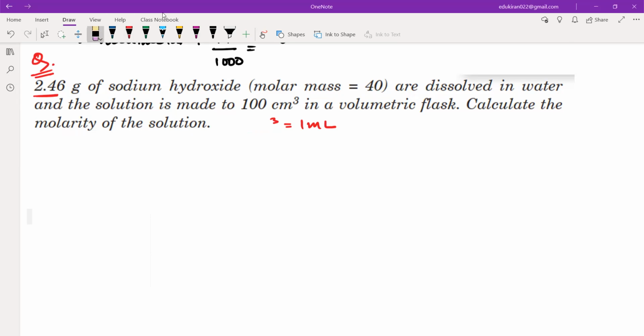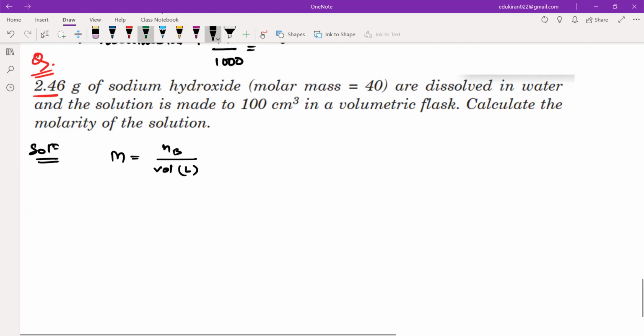So I'm just telling you how to do this question. First of all, they are asking to calculate the molarity. Molarity is equal to number of moles divided by volume in liters. Number of moles is not given, but the mass of sodium hydroxide and the molar mass are given.